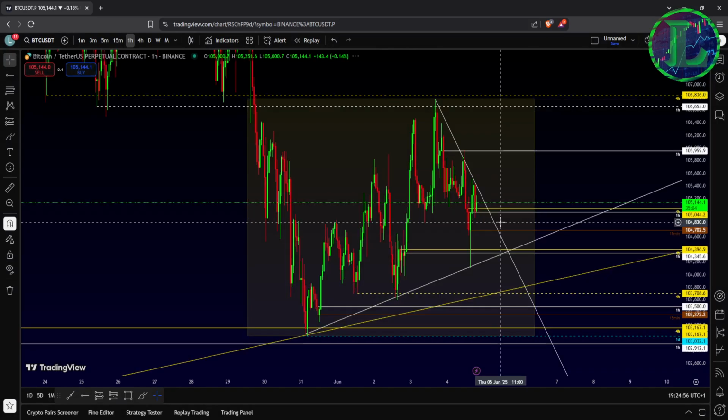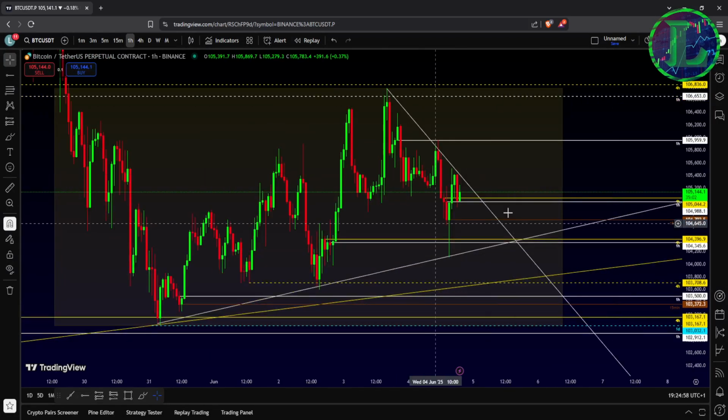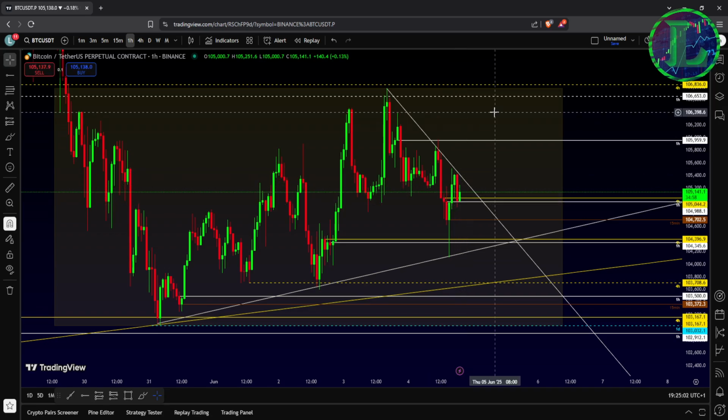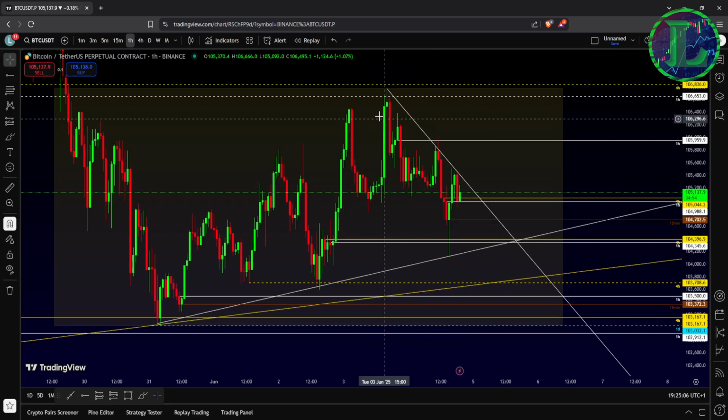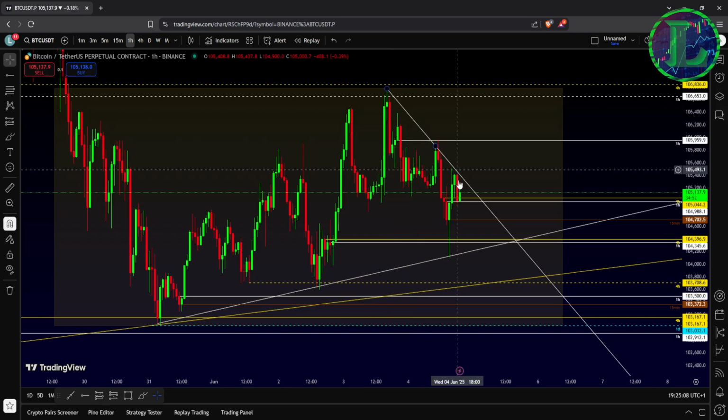Yeah, but I'm really thinking that Bitcoin, for what I've seen here, I do believe that Bitcoin is going to break up. Okay, the only problem is that on the 1 hour also everything is tested on the top, everything is tested on the bottom unless this one, so we can easily come down to this 1 hour.